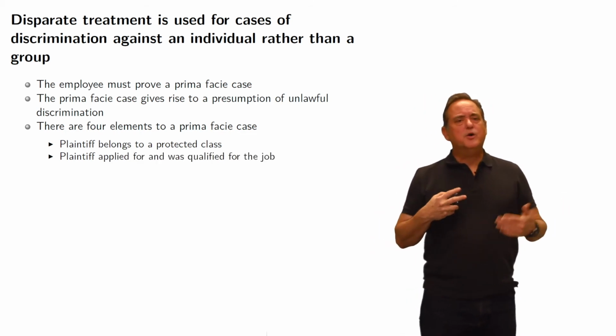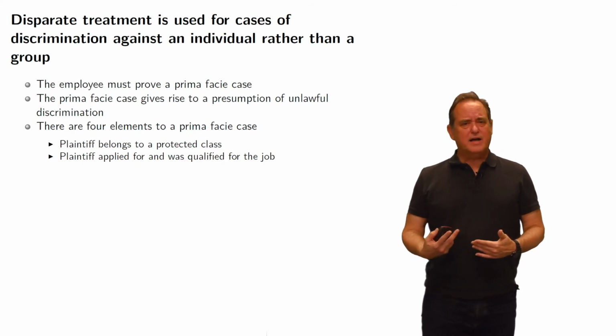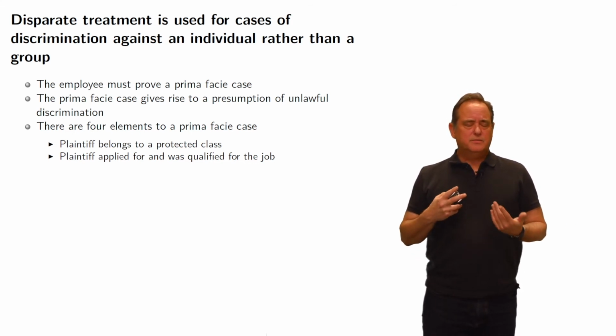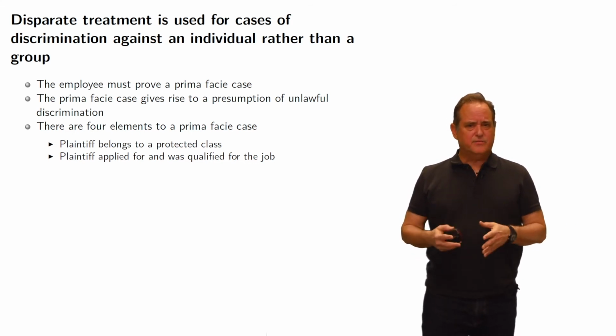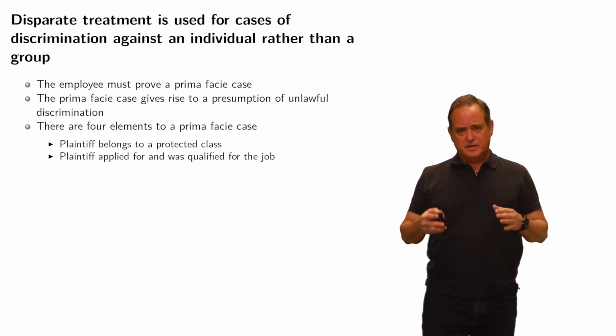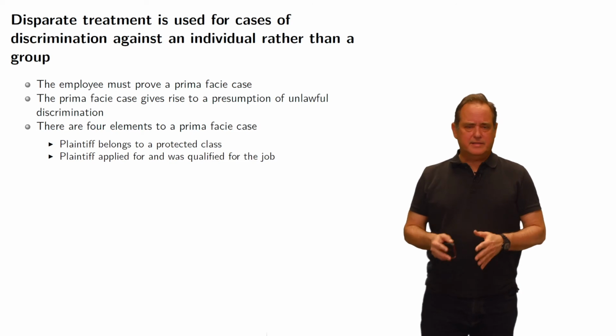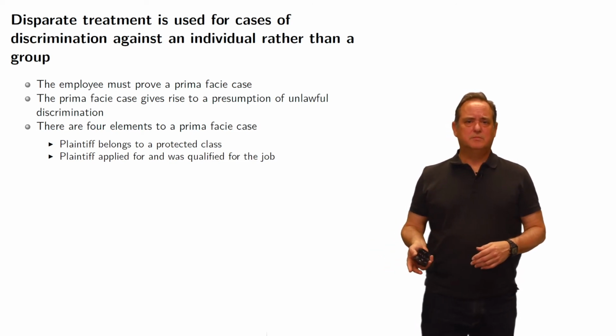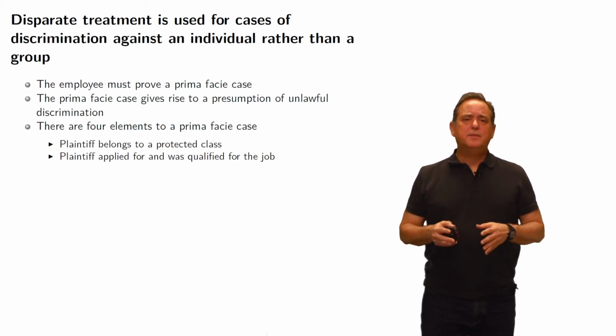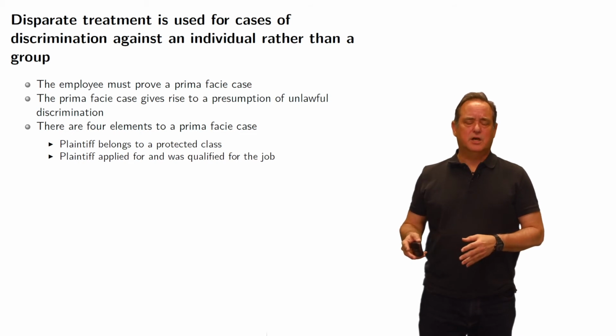You have to show that you applied for the job, you were qualified for the job. And when we say qualification, for terms of the prima facie case, that's a very low standard. What that means is not that you're the best qualified for the job, but instead you meet the minimum requirements of the job.